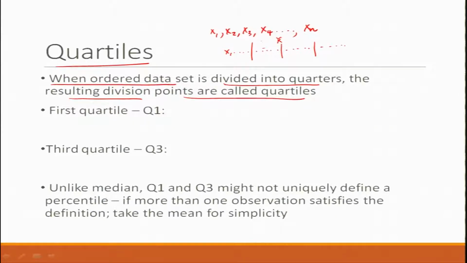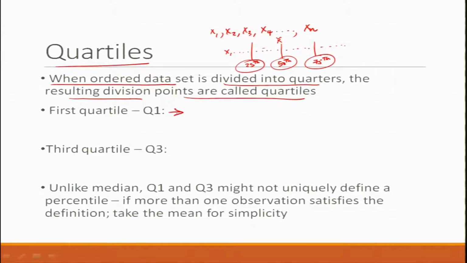This is the middle point, the 50th percentile, this is the 25th percentile and this is the 75th percentile. These percentile points are what are called quartiles.